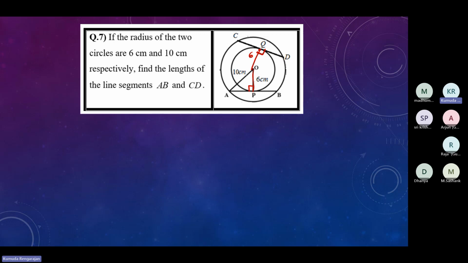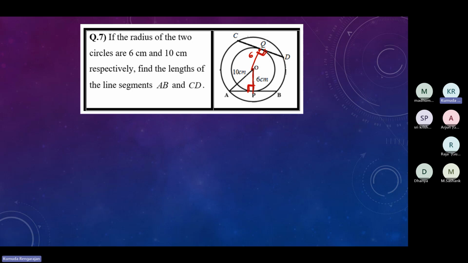So 90 degrees we get by treating the line segments as tangents to the inner circle. And chord is when we treat the line segments with respect to the outer circle.